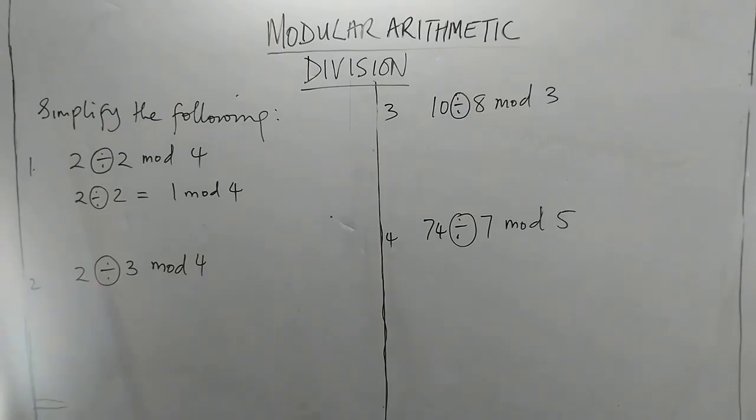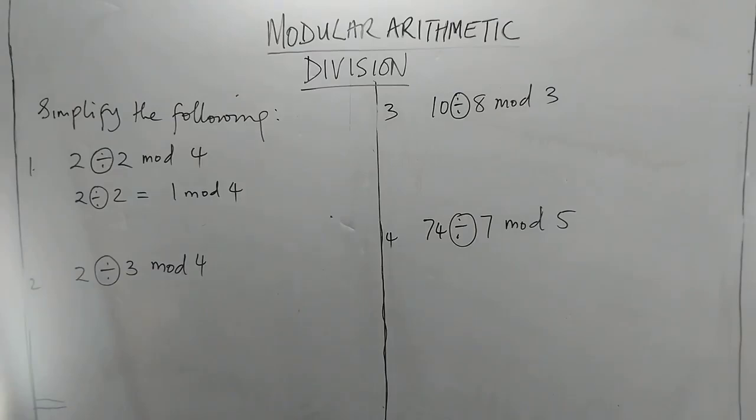In the second one, it says 2 divide 3 mode 4. Yes, both of them are allowable numbers in mode 4. But the dividend is less than the divisor. What do we do?